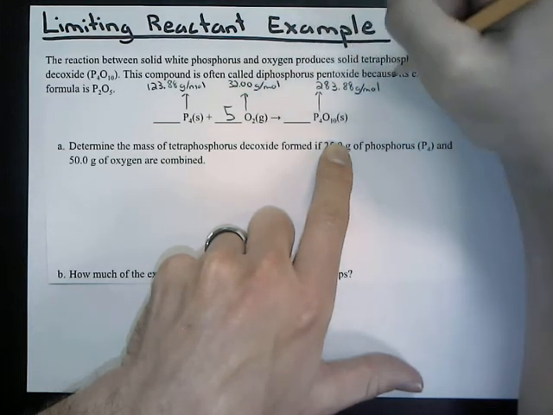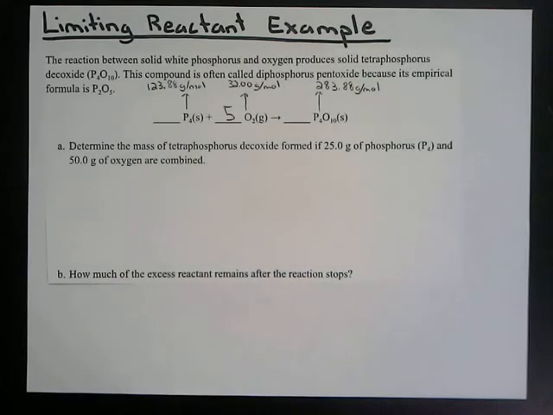Now, the first problem says here, determine the mass of tetraphosphorus decoxide formed if 25.0 grams of phosphorus and 50 grams of oxygen are combined. Okay? So what we must do, remember, we have to write down each of our starting substances. We have 2.